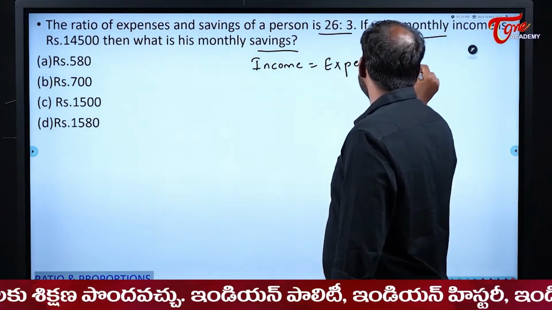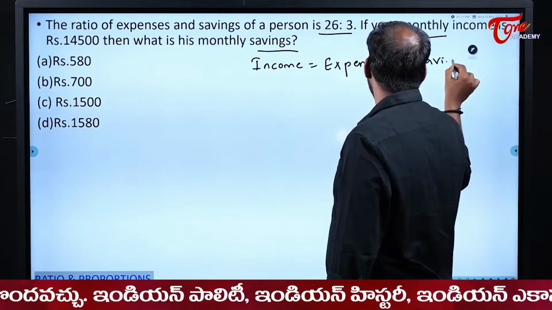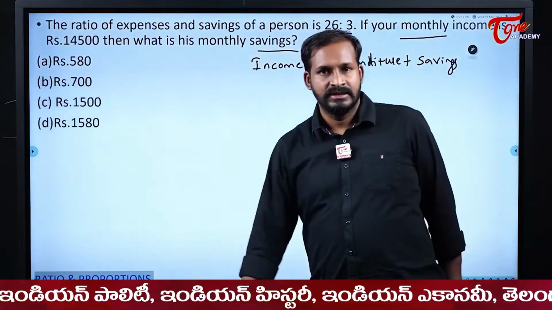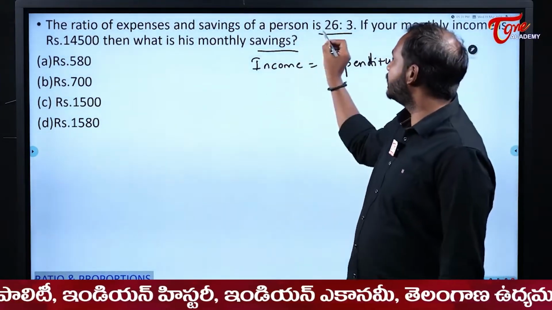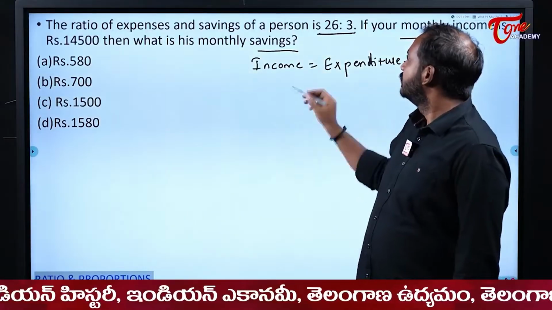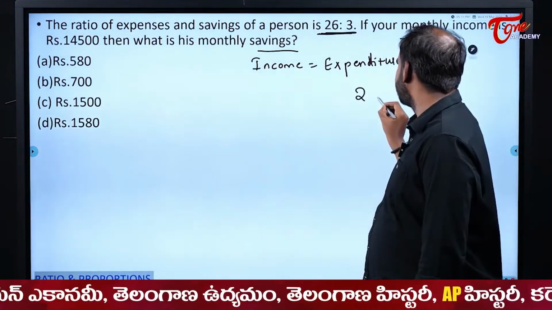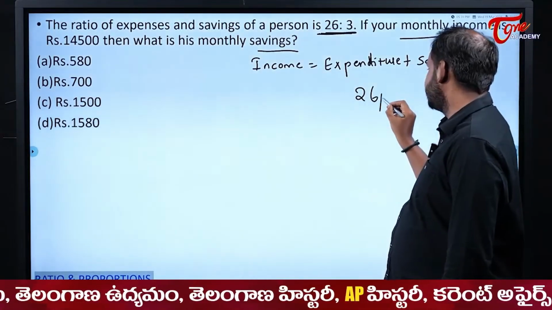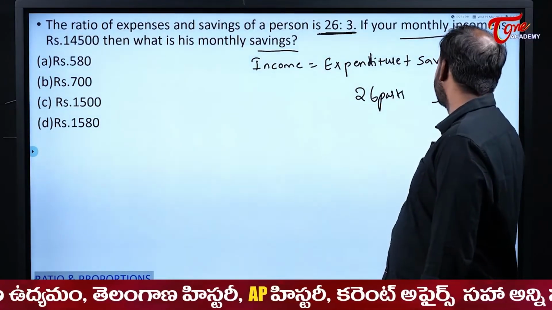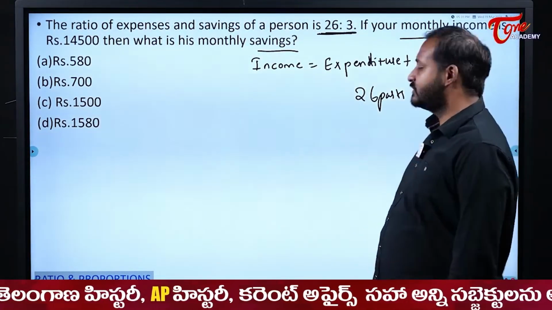In the question, the expense and savings are in what ratio? Expenditure is 26 parts and savings is 3 parts.